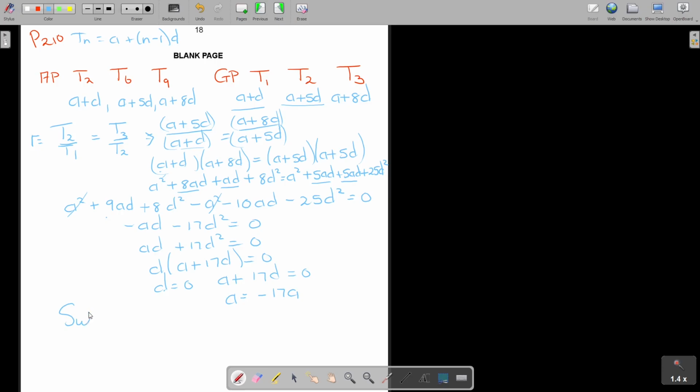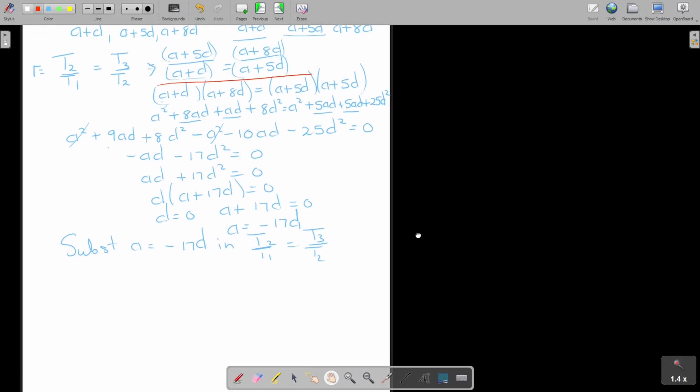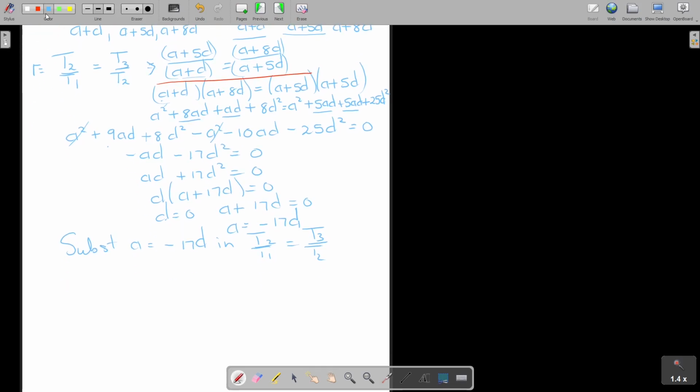So I'm going to substitute A is equal to negative 17D in T2 over T1 equals T3 over T2. That's what I did there. I can just substitute it in either this one or that one. So let's just start with T2 over T1.